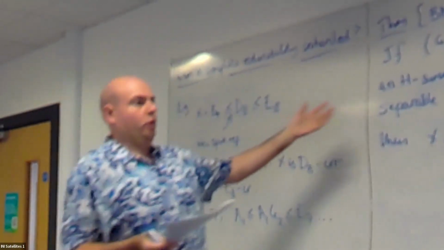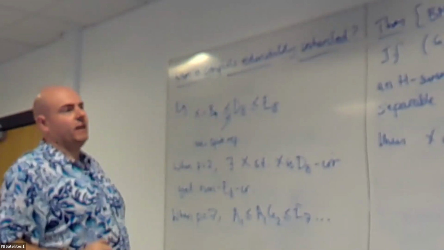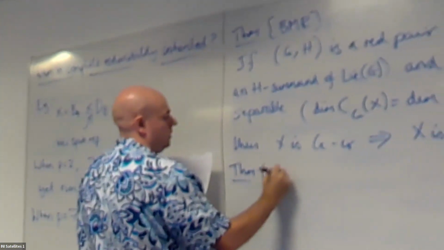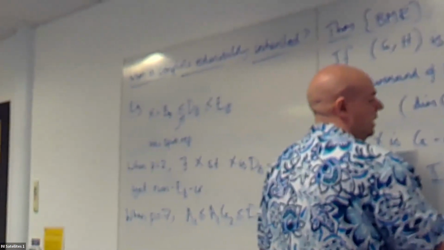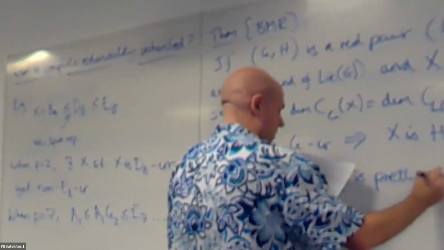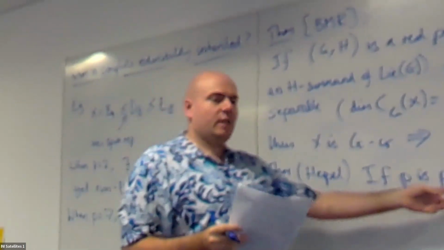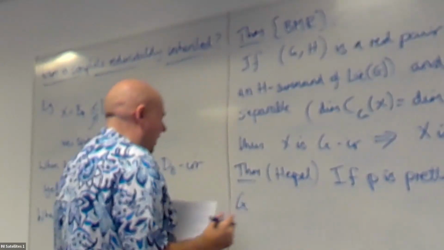X is GCR does indeed imply X is HCR. So if we write that down, then your H has this descending hereditary property, and there's a theorem due to Sebastian Herpel, PhD student of Gerhard Röhrle, which says that if p is pretty good for G, and I guess because they're German, they thought that pretty good was actually better than good, which is not true, but fine.